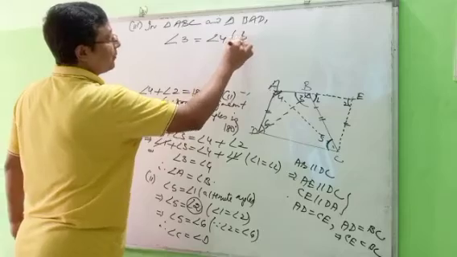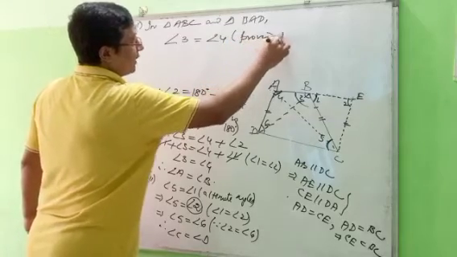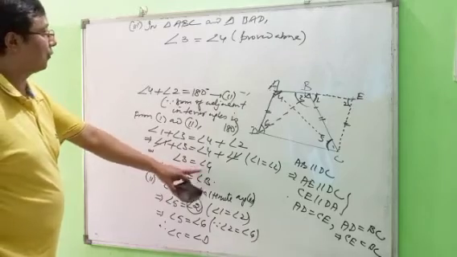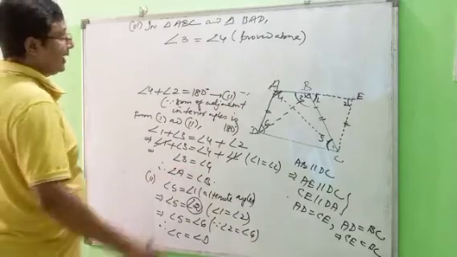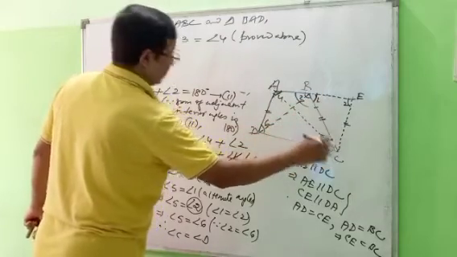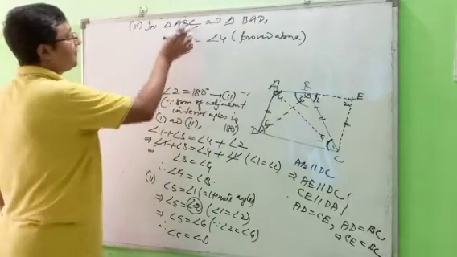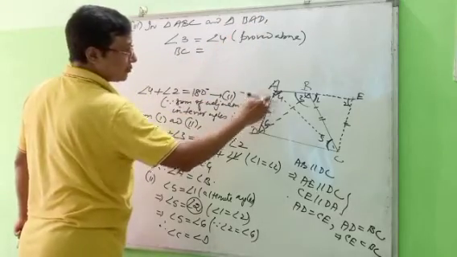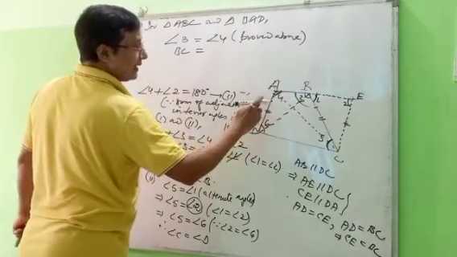That is proved above: angle 3 is equal to angle 4. Then next, in triangle ABC, you got the side BC. So BC equals AD. These two sides are given as equal.